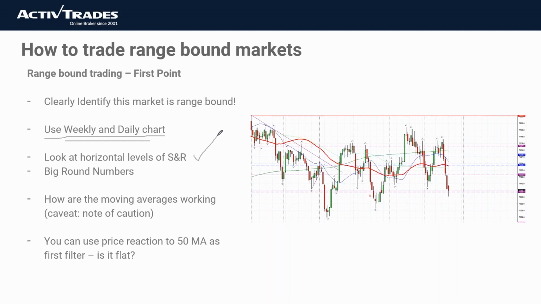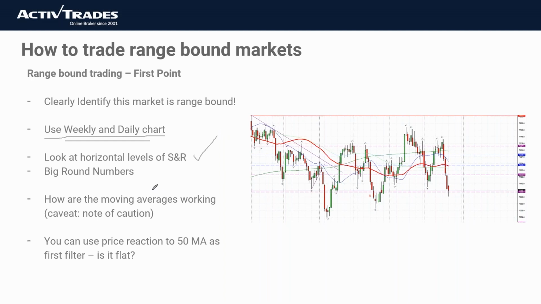You'll have heard me always talk about whenever you open a chart of any instrument, whether it be gold, Bitcoin, or euro dollar, doesn't matter, one of your first tasks should be to ensure that you're drawing in horizontal levels of support and resistance. Start at the monthly chart, go down to the weekly chart, then down to the daily chart. Draw those levels in because they will start to draw your eyes towards visual representations of markets that might well be in a range bound area.